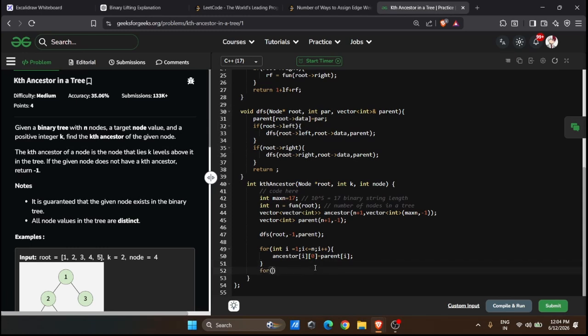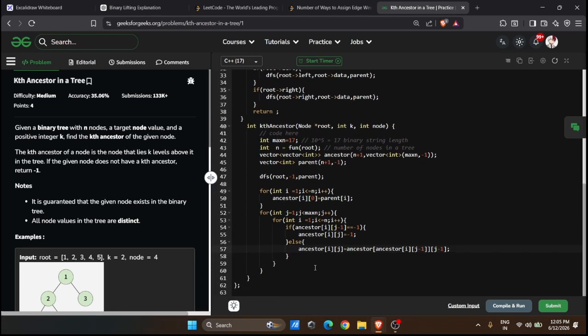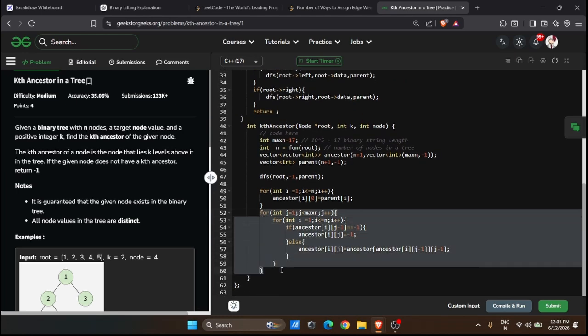The function I shared with you earlier will do this work on its own. So this function will fill all the values in the ancestor table. That I have already discussed in the video.